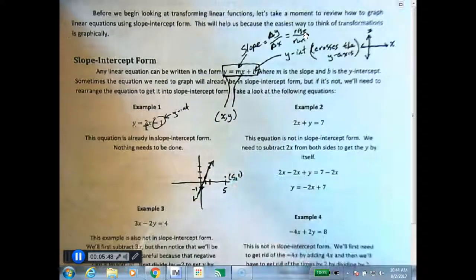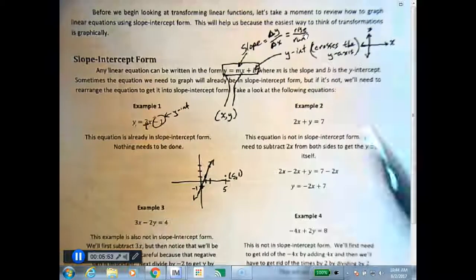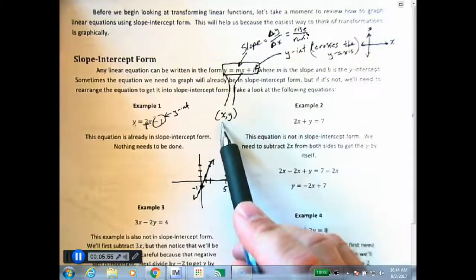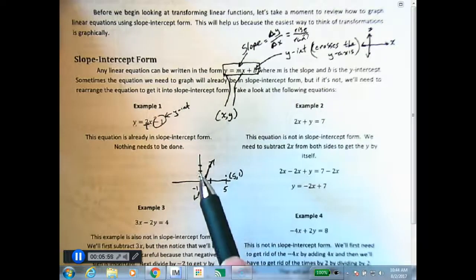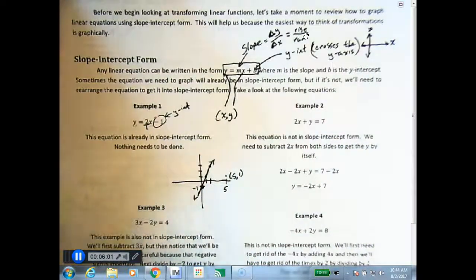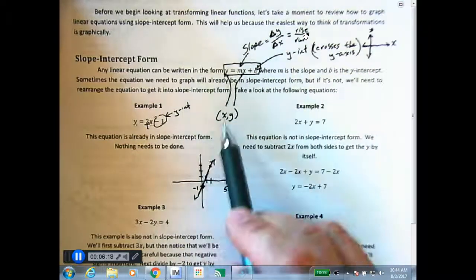It means that you can plug in an x-y value and it's going to make this true. And by the way, that goes for every line you graph. X and y are your coordinates. As we go through this year and we study 13 different graphing patterns, and you memorize each of those, one of the constants is x and y.